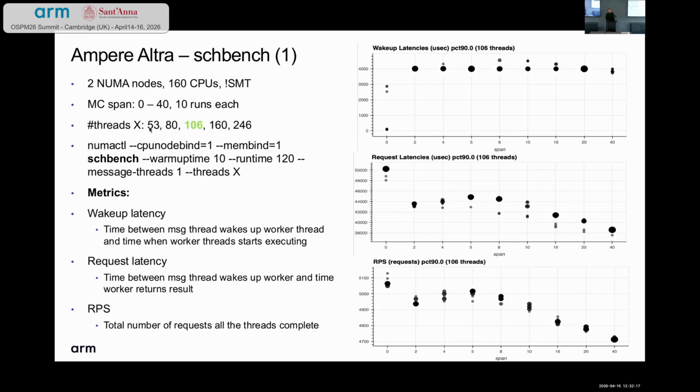Another parameter here is the number of threads. We go from very underutilized, 80 CPUs. We run 160 as a 2 NUMA node machine, so we run only on 1 NUMA node. The other one we use for the system. So we try to isolate the test itself, and we change the number of worker threads from underutilized 53 to heavily overutilized 246.